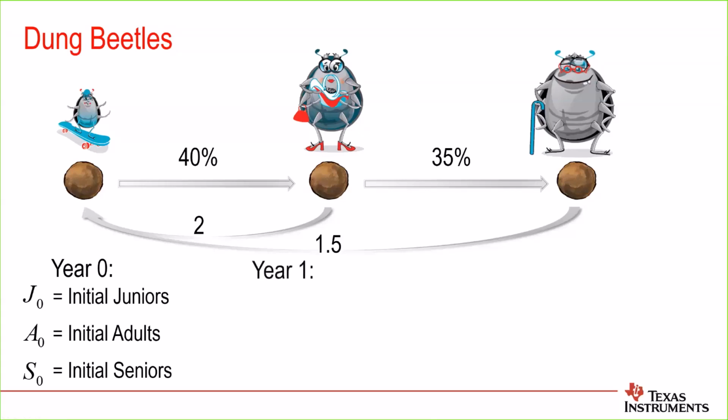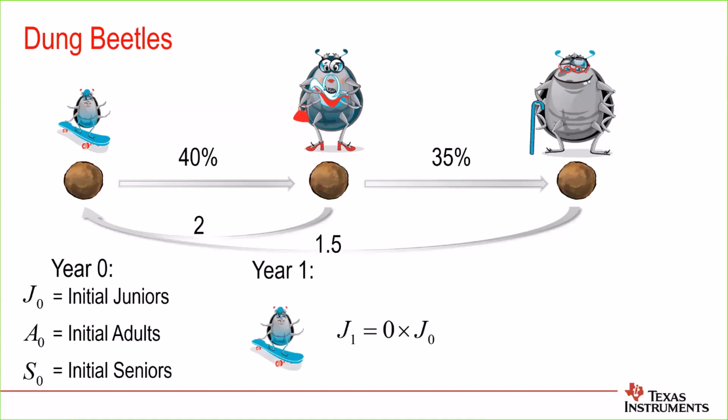And this is the sort of thing I think is useful to students before you just throw them into a matrix: get them to work it out piece by piece. So let's have a look at juniors and ask ourselves, how do we work out how many juniors are going to be present next year?